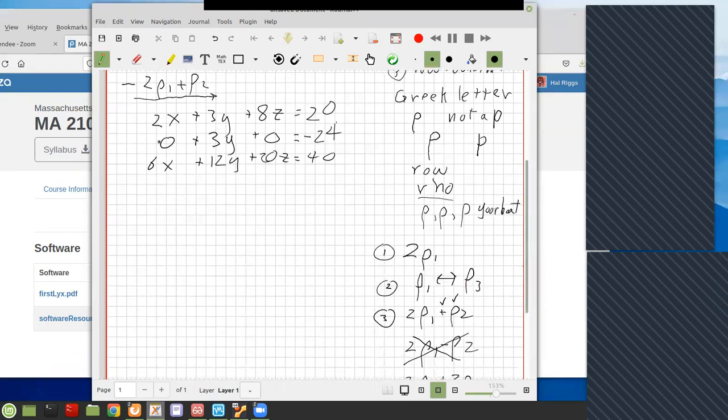Now, we're closer to echelon form, but we need to get rid of this term. So the obvious row operation to do is -3 row 1 plus row 3. Well, we don't change the first row, so we have to repeat it.